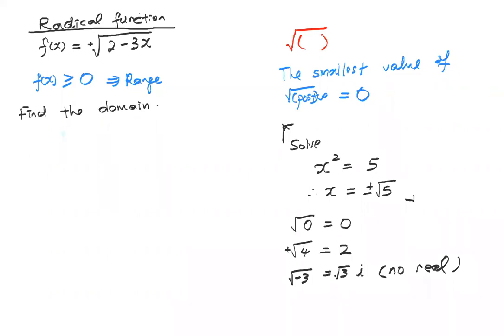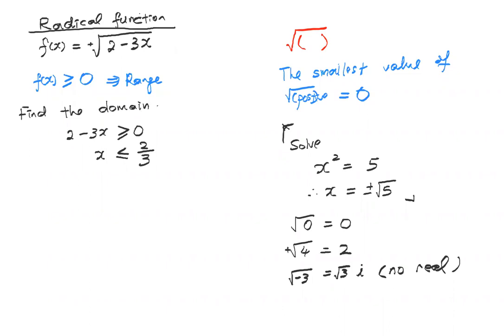So to find the domain based on this understanding, I will say 2 minus 3x must be greater than or equal to 0. Correct? So my x must be less than or equal to 2/3.